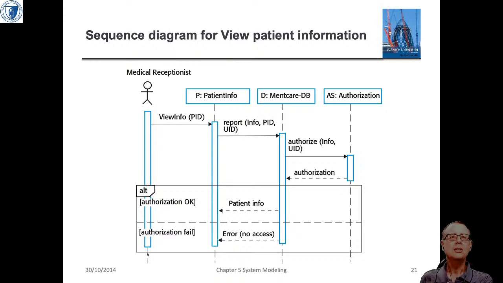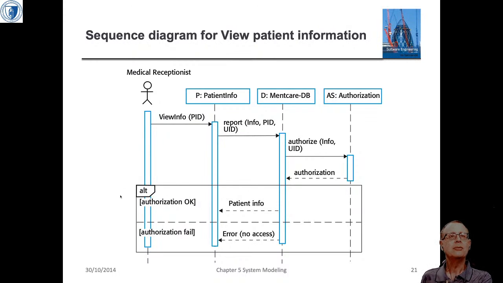These thick blue boxes, they're called lifetimes. Right? So the medical receptionist exists for the whole of this sequence diagram, but the authorization only needs to exist for a short period in order to get the authorization to access the system.